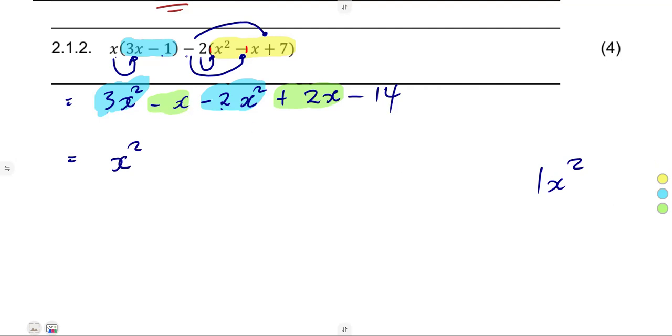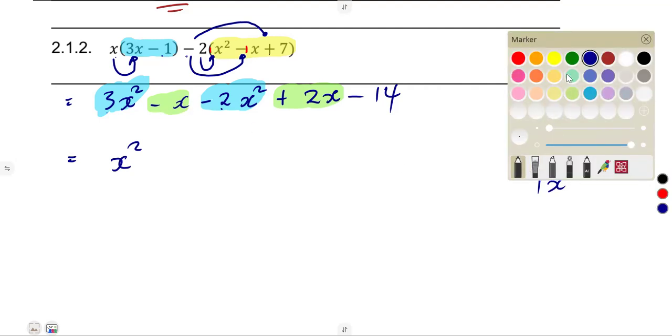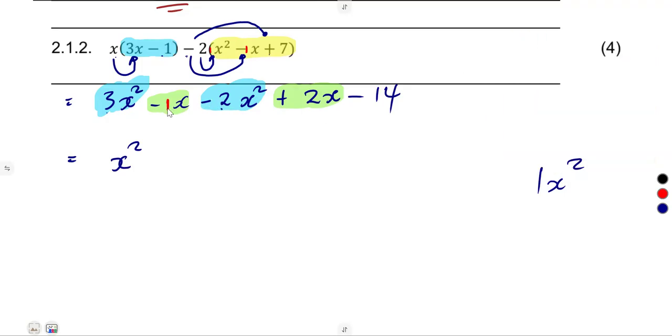On minus x, it is the same as -1. So it's -1 plus 2, which is 1, so it was supposed to be 1x, which is the same as x. You can just write it as x.